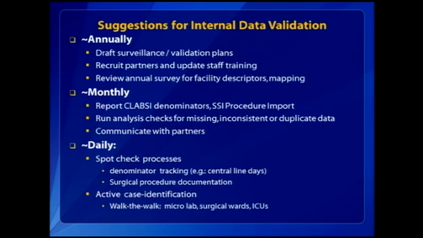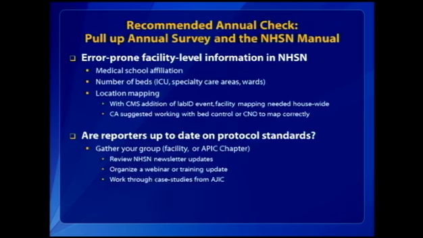Looking at surgical procedure documentation. And then your active numerator collection is occurring on a day-to-day basis. When you walk the walk, go to the micro lab, review the positive cultures, go to the surgical wards, review patients and wounds and wound cultures, and also to the ICUs to see where those problems might be.